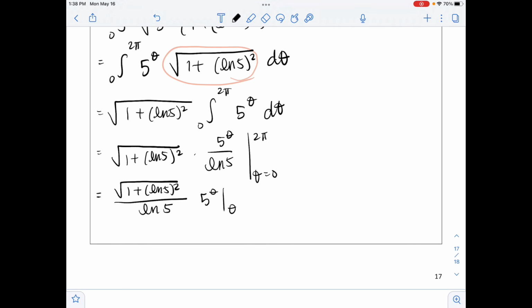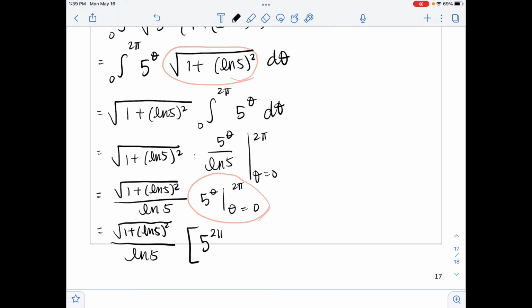And since we're evaluating this from theta equals 0 to 2 pi, that is only going to be on the 5 to the theta. The rest of that is just a constant, and so I'm able to just move that out in front. So I have the square root of 1 plus ln of 5 squared over ln of 5 times, and we're going to have 5 to the 2 pi minus 5 to the 0 power.